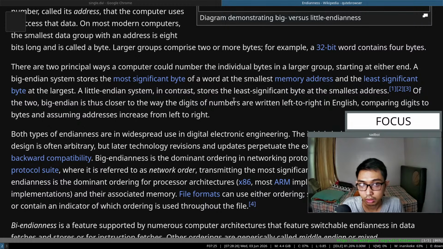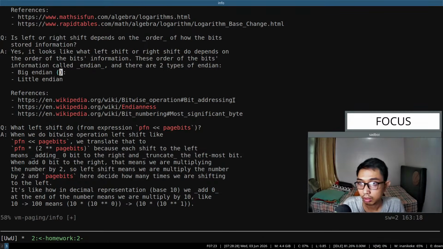Okay. Left to right, right to left. Maybe something like this.